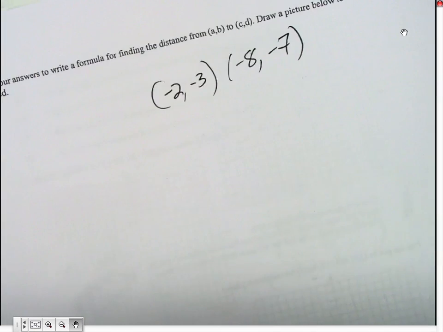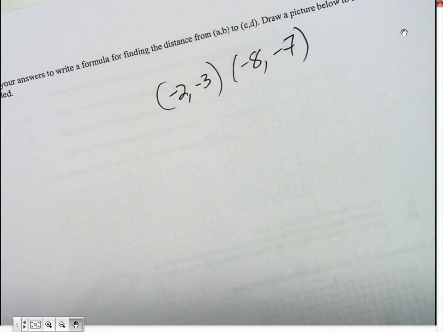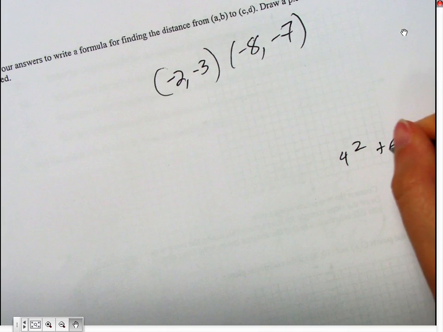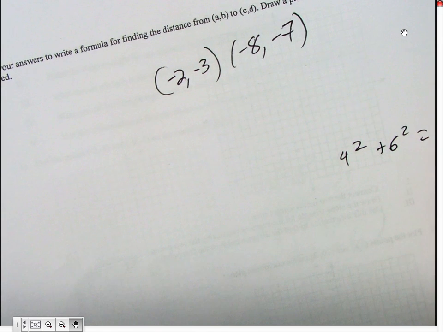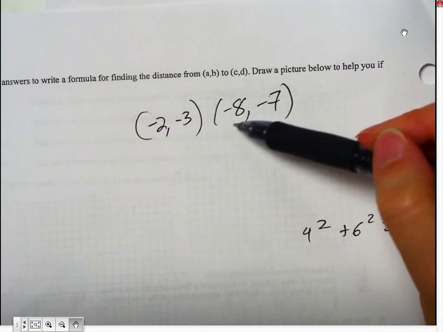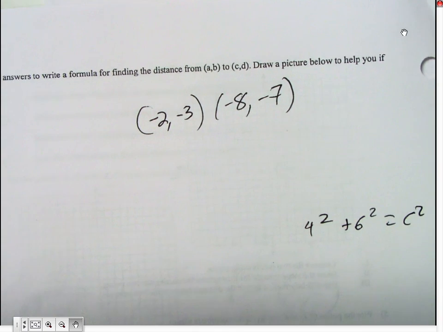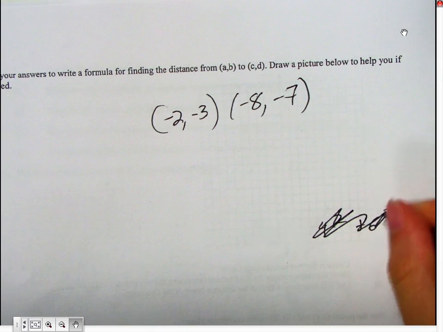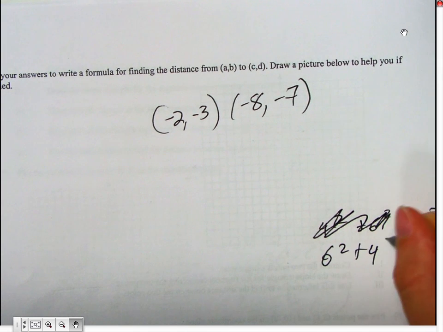Okay? So from here, we somehow got 4 squared plus 6 squared equals c squared. How from these x's, wait, what was the x value? The x value was 6. So let's switch these. 6 squared plus 4 squared equals c squared.